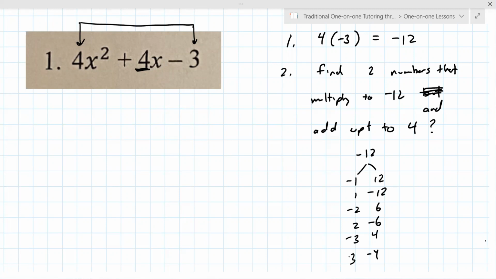Which 2 numbers add up here to 4? Do you see that the ones I'm circling add up to 4? -2 plus 6 add up to 4.